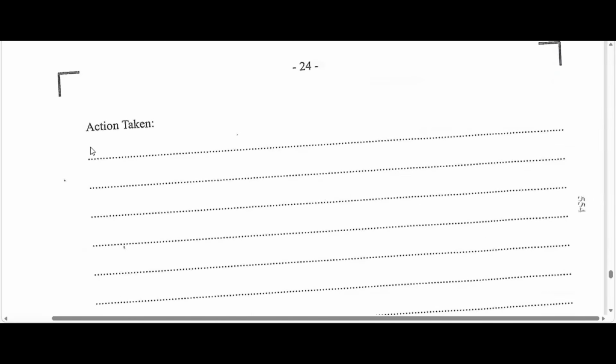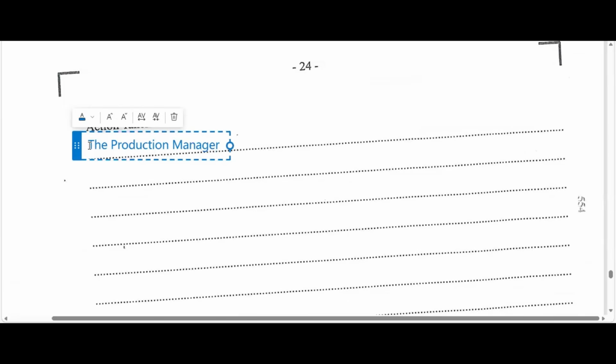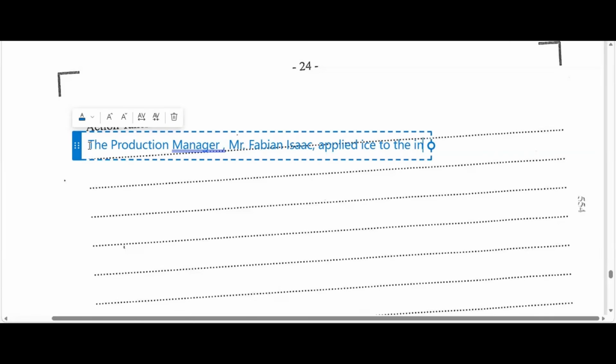Action taken. What was the action that was taken? Production manager, Mr. Fabian Isaac, applied ice to the fingers.